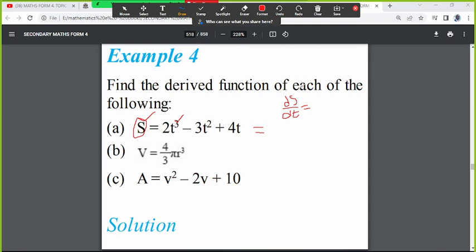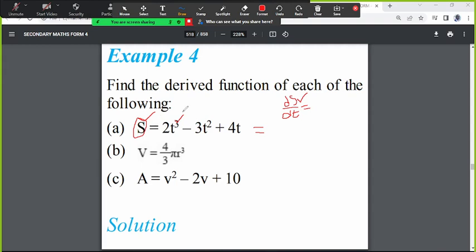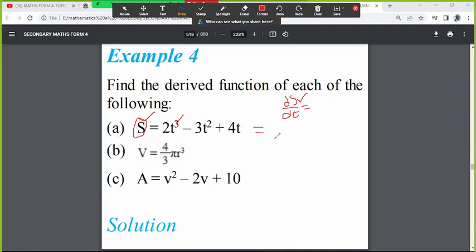So we take what we have on the left hand side as the subject of that function, equal to what we have on the right side. We are differentiating with respect to t.